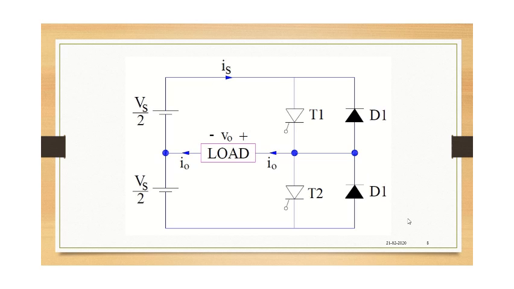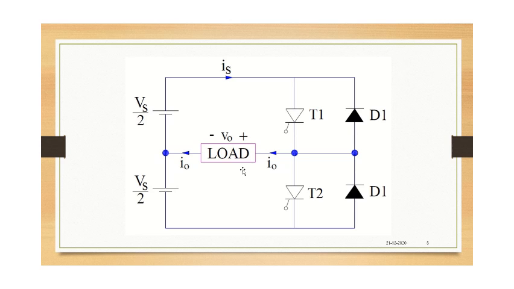So here is the circuit, a single phase half bridge inverter. Here the term single phase has no relevance to the input. It is called single phase because of the voltage you can observe at the output, the load.